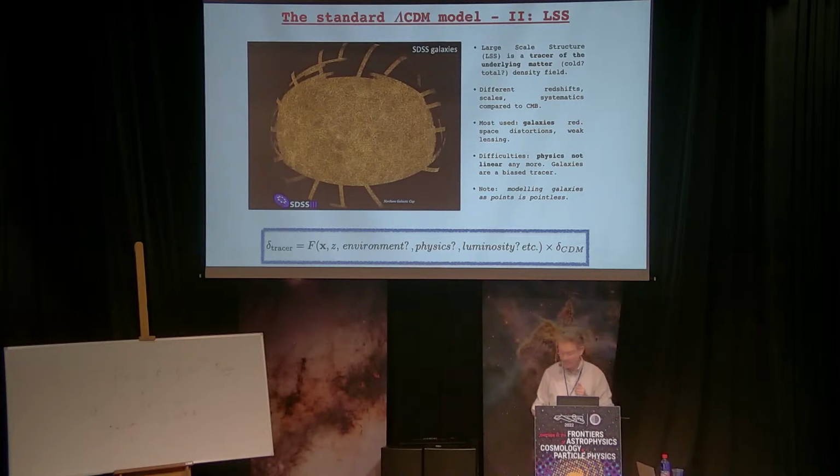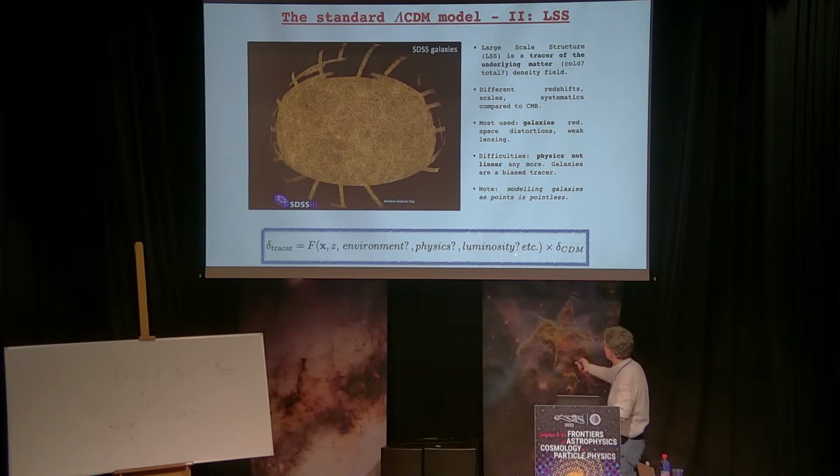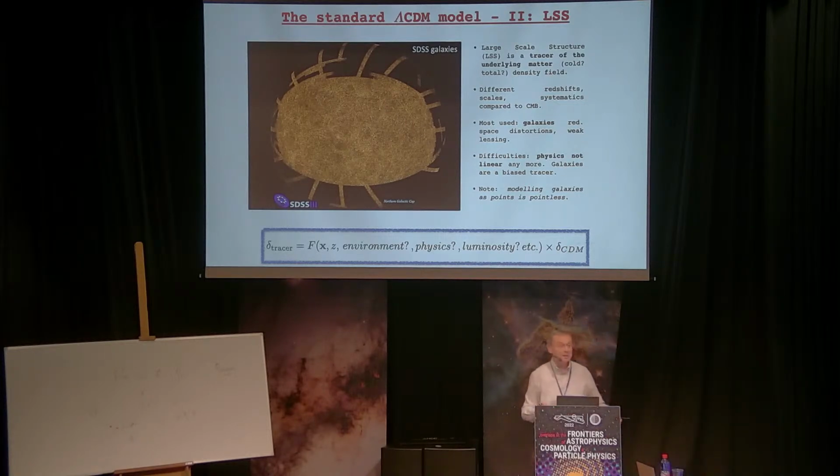There is much more, in the sense that the overdensity of the tracer is generically a function of position, redshift, could be a function of the environment, could be a function of physics, like the physics of matter that shines, like stars, interstellar medium physics I'm talking about, luminosity. And this is a complex function that, of course, if you want to dig out fundamental physical numbers like neutrino masses out of the pattern of clustering of galaxies, then you need to take into account, right?